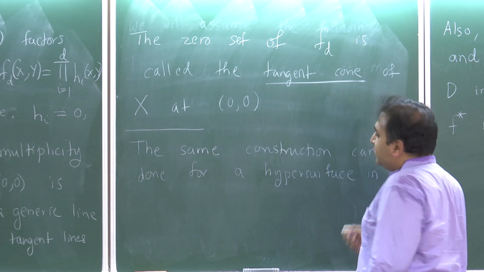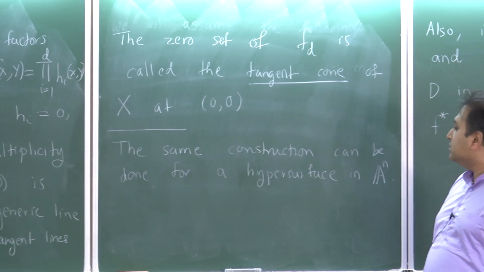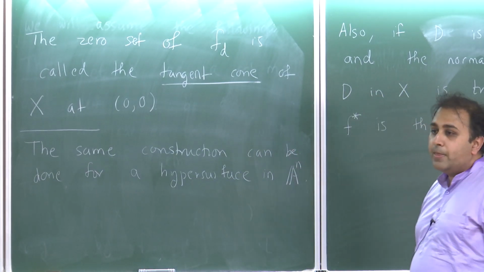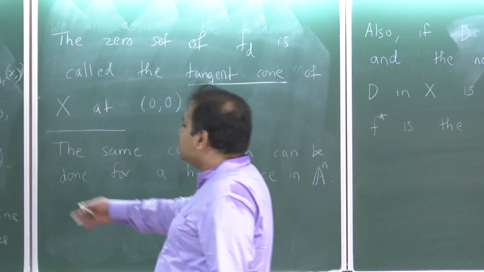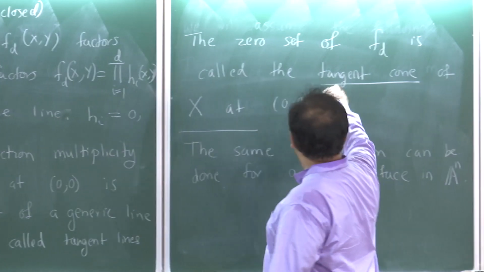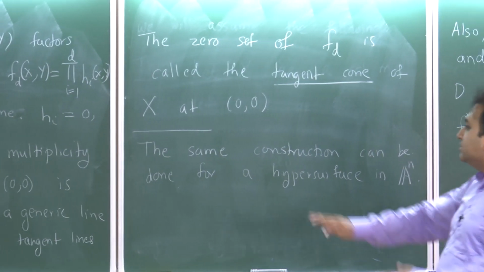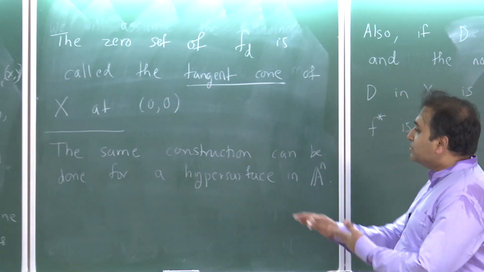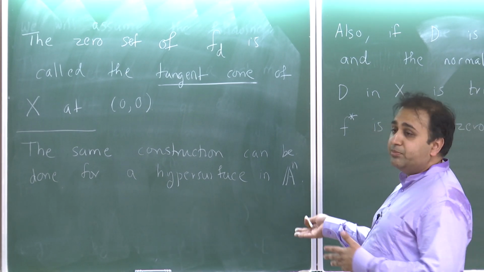If a hypersurface is given by a polynomial f equal to 0, then again you do exactly the same thing. I don't need to talk about factoring fd; here you can factor, but this was just to talk about something familiar. Okay, so now we can do this for hypersurfaces.